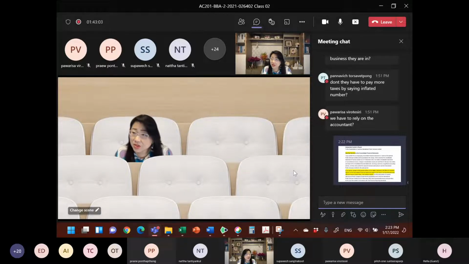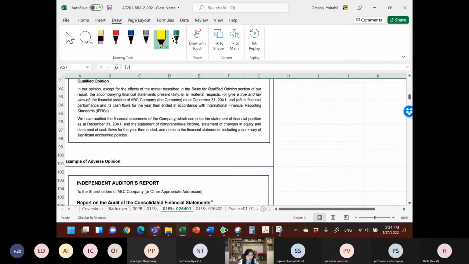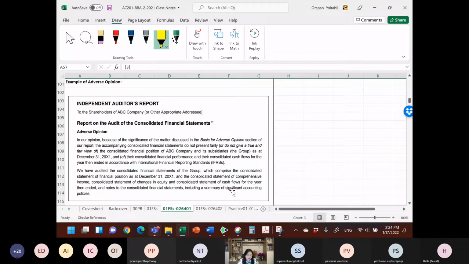In the adverse opinion, the auditor will say the financial statements do not present fairly. Okay, so let's take a look at the example here that I put in for you. I hope that you see this.